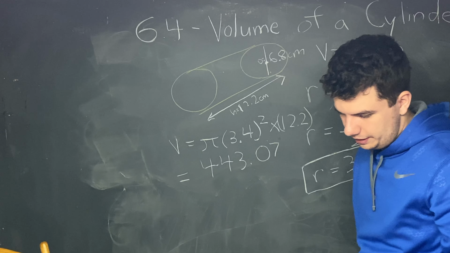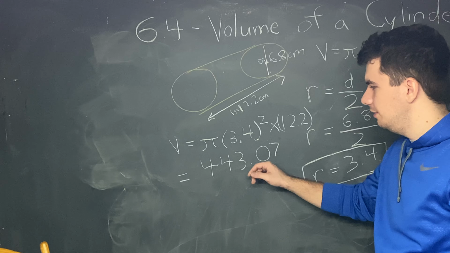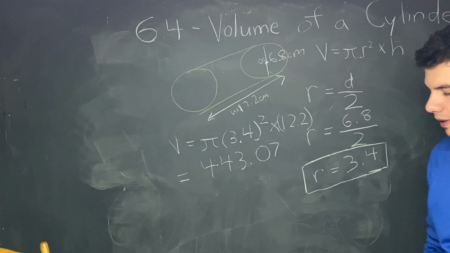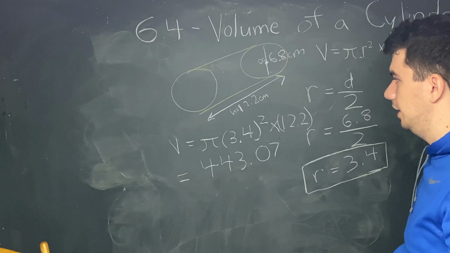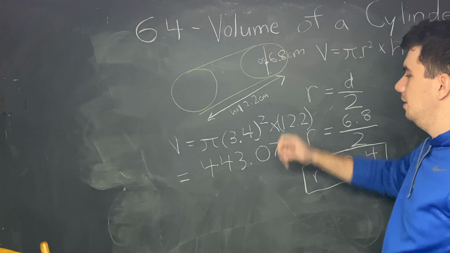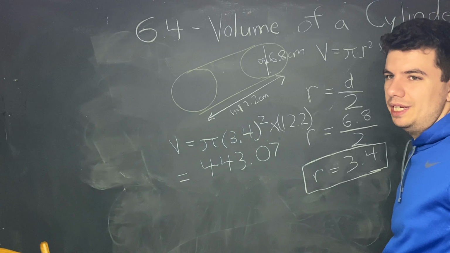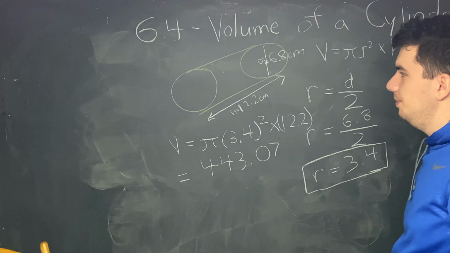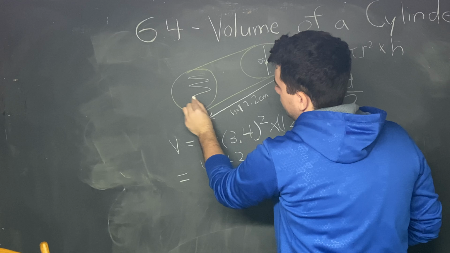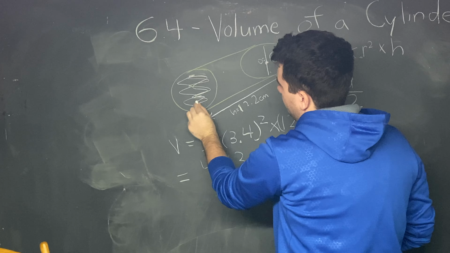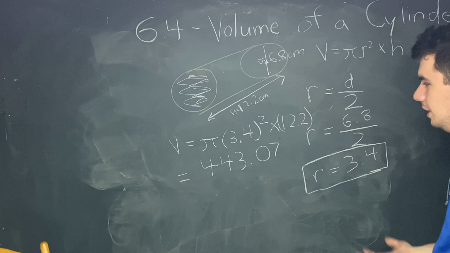Now, let me just check with the textbook. Let's see what they're asking. So what is the volume of the can? So we are going to round this number so that we get a whole number. And when we're calculating volume, we have to remember what our units are going to be. So currently we're in centimeters, but when we calculate area, we would be squared. Now volume is different because area would just be a 2D shape, but now we're finding the volume, so that's a 3D shape. So it's going to turn into centimeters cubed.